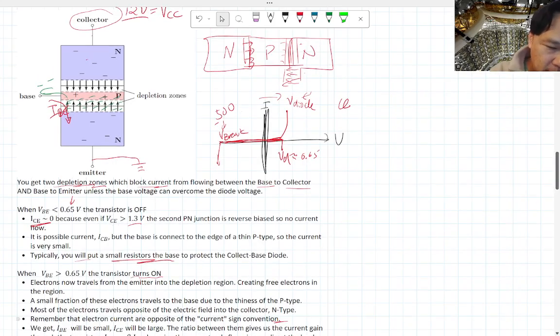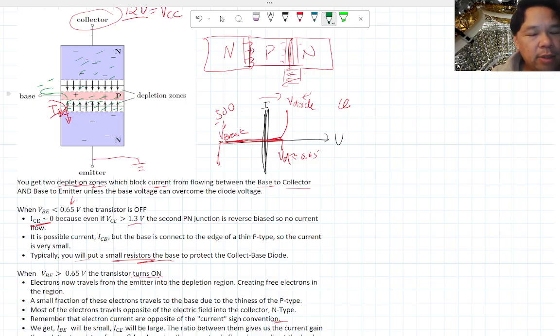So what happened is that most of the electrons actually escape the depletion zone and go through into the N-type collector semiconductor. And therefore, most of the electron current flows this way, and the sign convention current goes this way, and this is known as the I_CE, the collector emitter current.